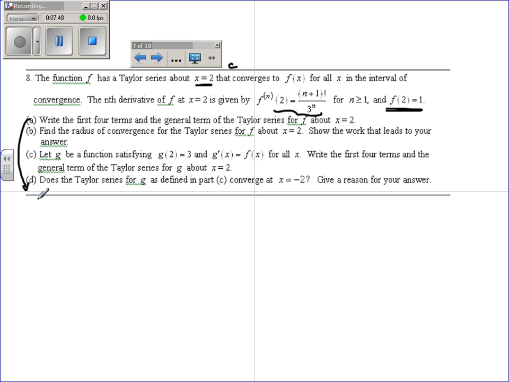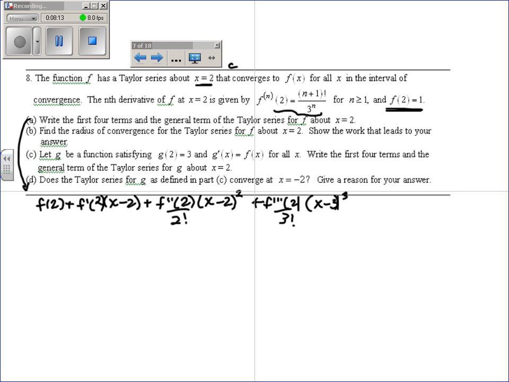So we know that it's going to be f of 2 plus f prime of 2 times x minus 2 plus f double prime of 2 over 2 factorial, x minus 2 squared, etc. I guess I need to do one more, over 3 factorial times x minus 2 cubed. And so I know that f of 2 is 1.